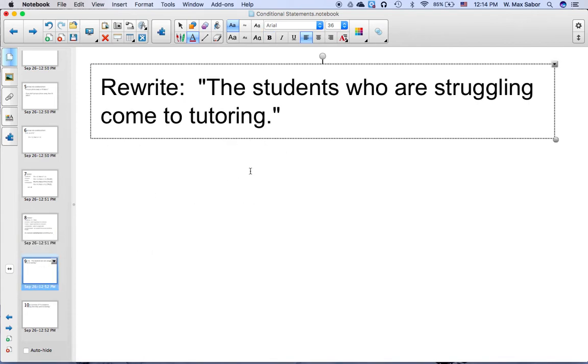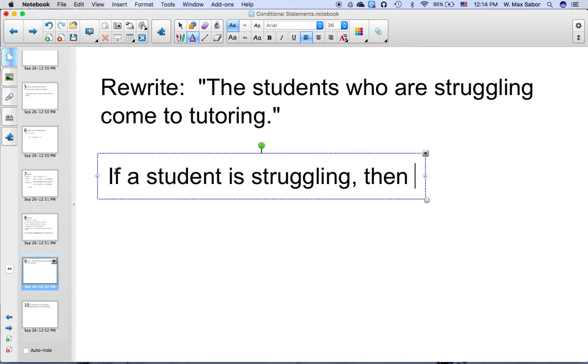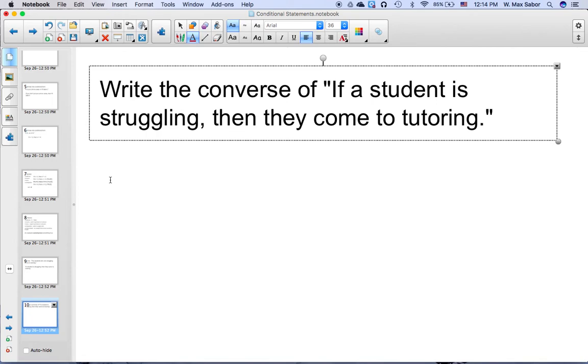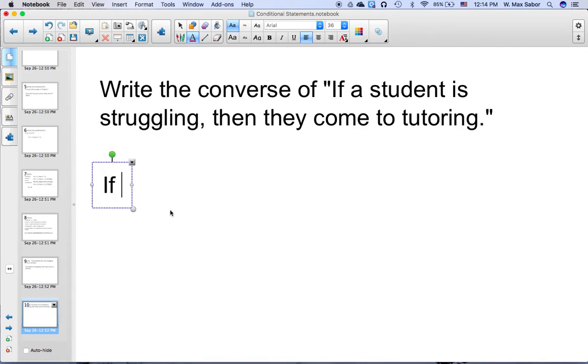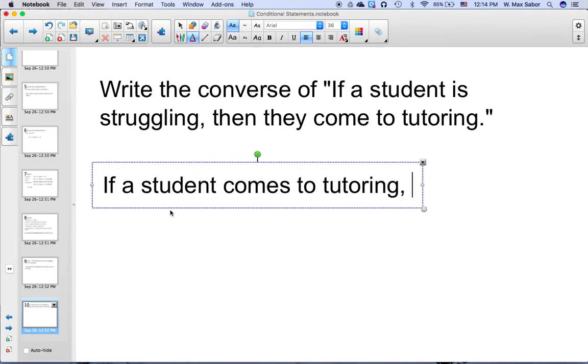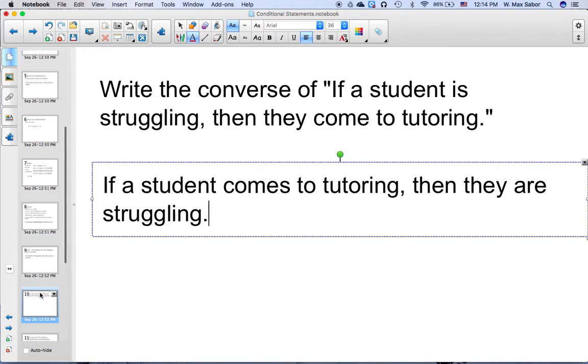So the students who are struggling come to tutoring. If a student is struggling, then they come to tutoring. Yay. Now we're going to write the converse. Well, converse was switching. If a student comes to tutoring, then they are struggling. That's not necessarily true.